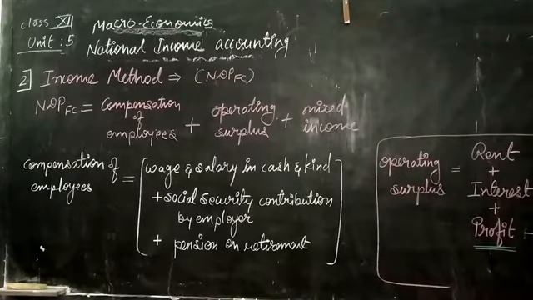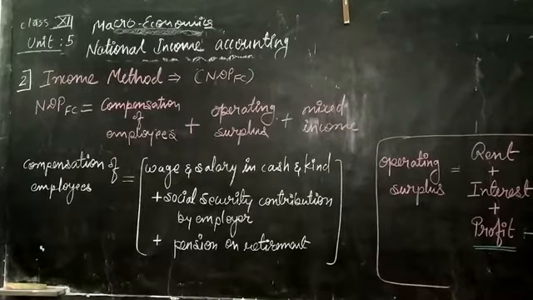It refers to pension payment which is paid after the services end. So once again, compensation of employees has wages and salaries in cash and kind, social security contribution, and pension.